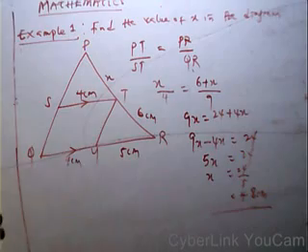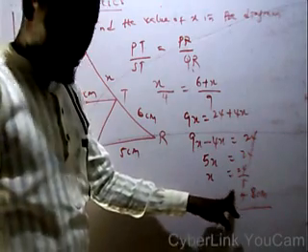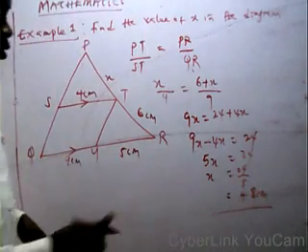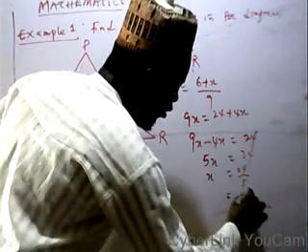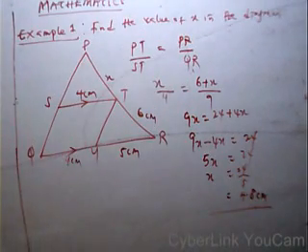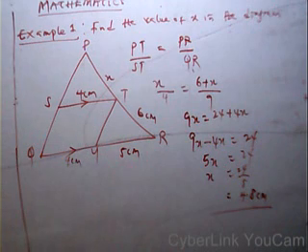So from here, we notice that our x is 4.8 centimeters. That is our x from here, and it's very simple as well. So this is for the second question, the second example.